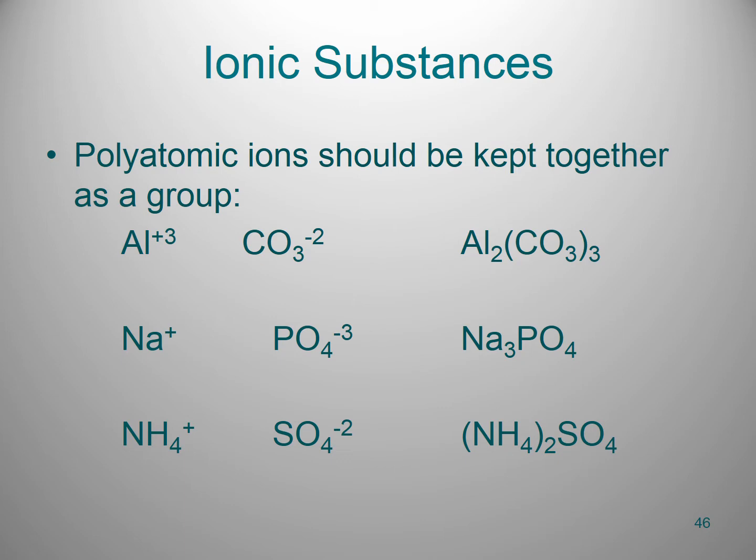Notice that in the next one, Na plus and PO4 negative 3. Again, to get least common multiple, they both need to be 3. So we would have Na3PO4. And this is where being able to recognize a polyatomic matters. In the one above, with CO3 in parentheses, you can sort of see, oh yeah, that's a polyatomic. But in Na3PO4, because there are no parentheses, you may get a little bit confused.